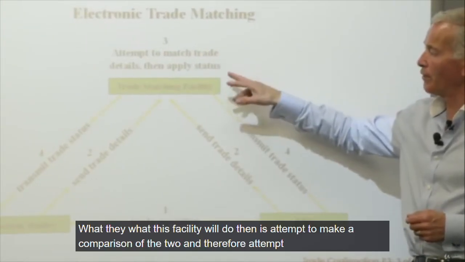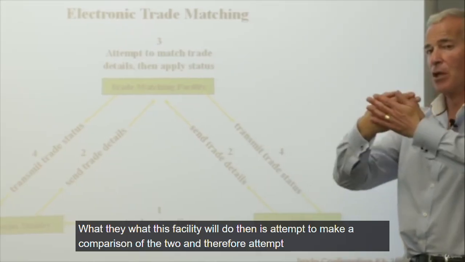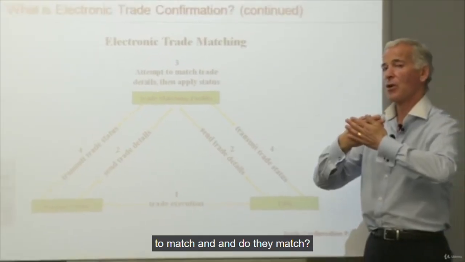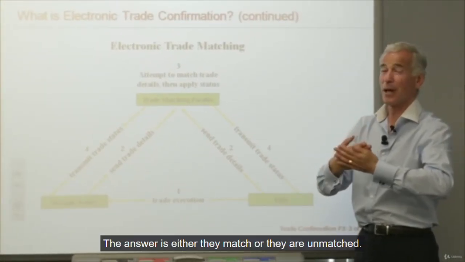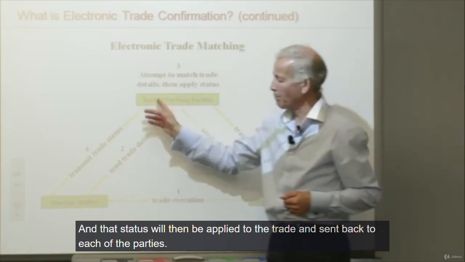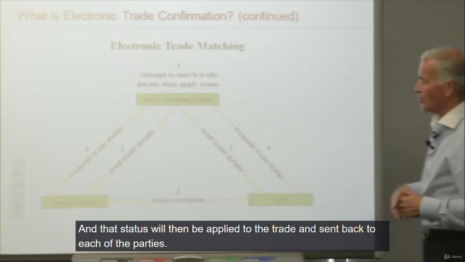What this facility will do then is make a comparison of the two, and therefore attempt to match. And do they match? Well, the answer is either they match or they are unmatched, and that status will then be applied to the trade and sent back to each of the parties.